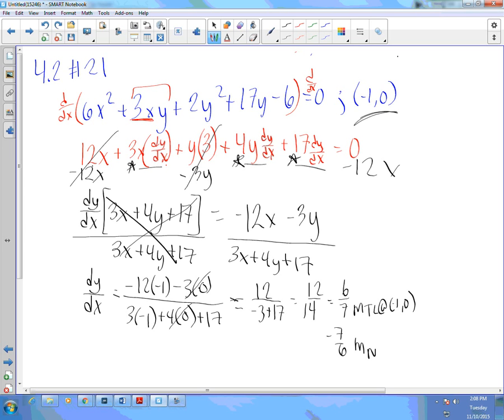Solve for dy dx. 2y dy dx equals -2x. Divided by 2y, so dy dx equals -x over y. Then you take the derivative of that doing the quotient rule. Okay, can you finish that?